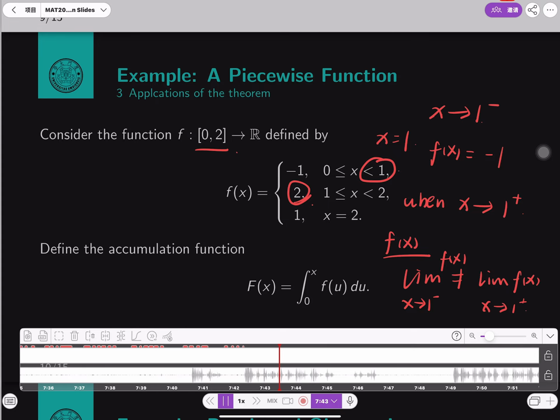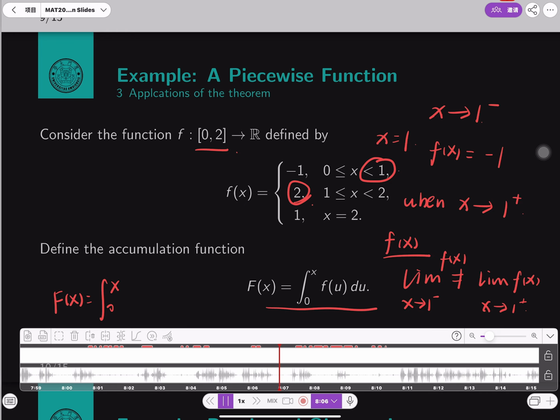So f is not continuous at x equals 1. Although the function is not continuous everywhere, it is piecewise continuous and therefore Riemann integrable. We define the accumulation function F(x) equals the integral from 0 to x of f(u) du. This example helps us understand how continuity affects differentiability.